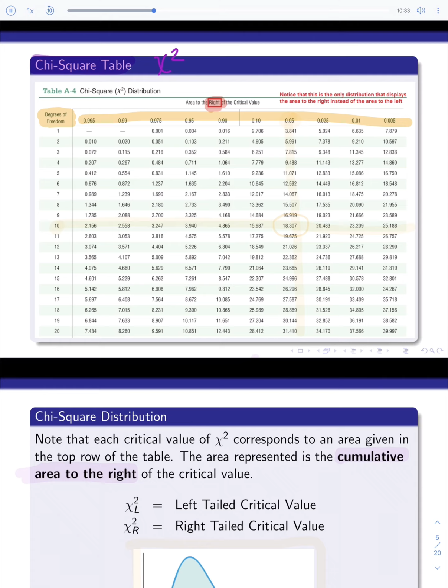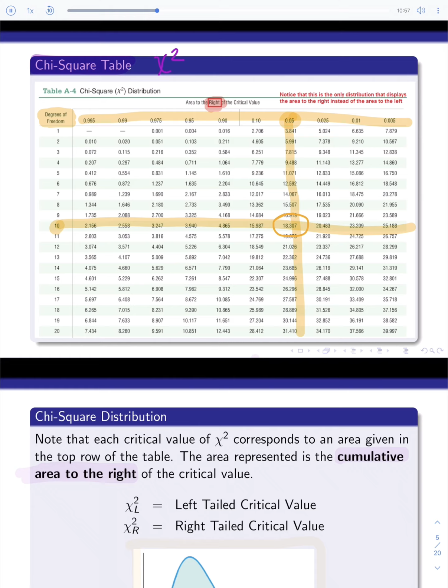And so you would say, I'm looking for degrees of freedom of 10, and then let's say an area to the right of 0.05, and you would see where those two overlap. And then that would be your chi-squared critical value.